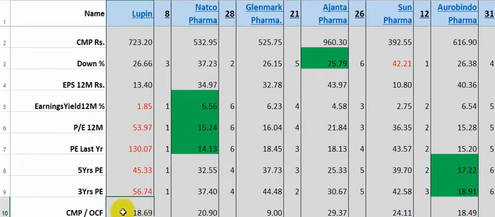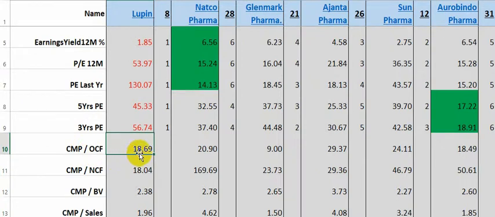As investors, what we need to look at is not the price earnings of the latest 12 months, but the price to the cash that the company has generated, or where the price is compared to the cash. We want this also to be below 25 times. This justifies that the company is generating a good amount of cash against what it is showing as profit.